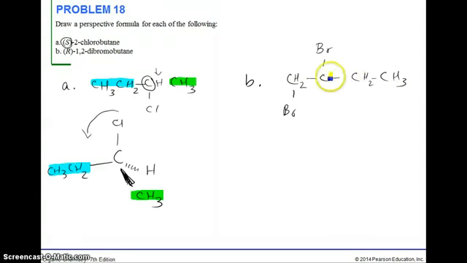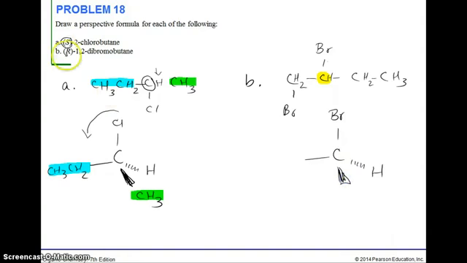So my asymmetric center is this carbon here. And again, I'm going to put hydrogen to the back. Bromine's going to get number 1. And then I have my in-plane and my wedged position.